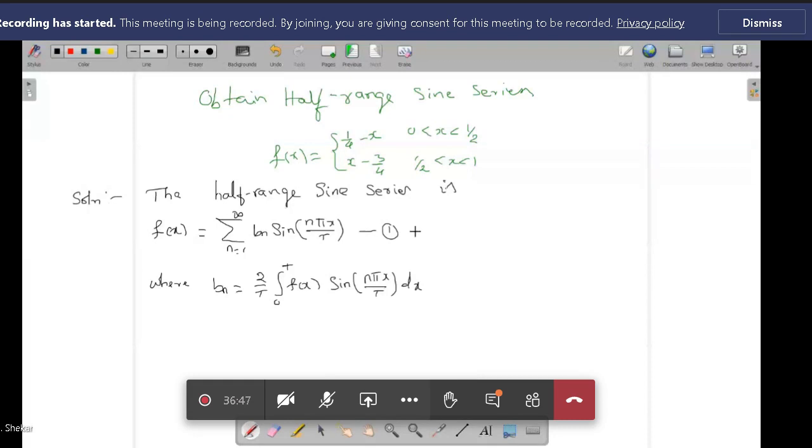Again, this series is defined in the interval 0 less than x less than t.